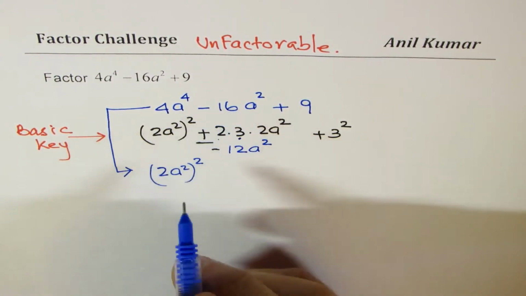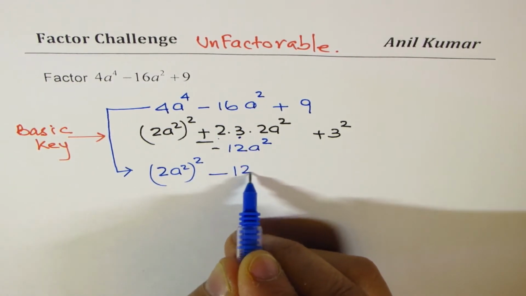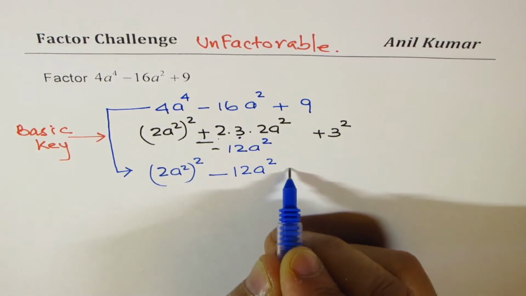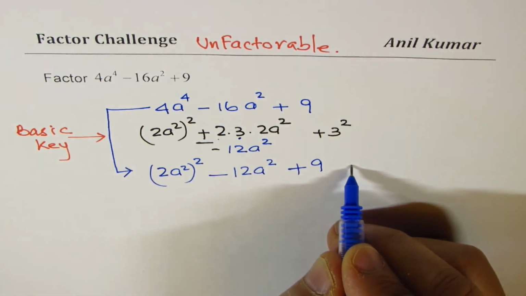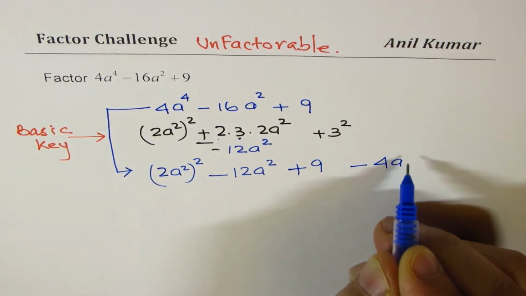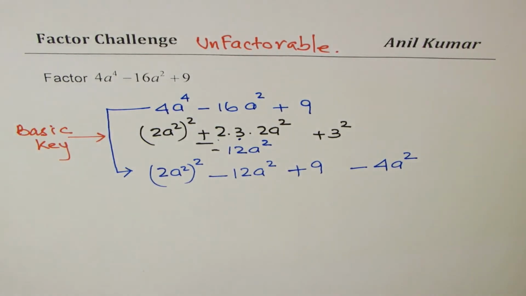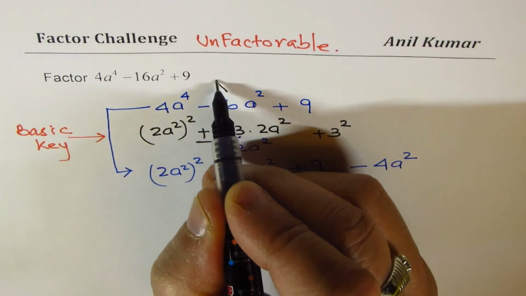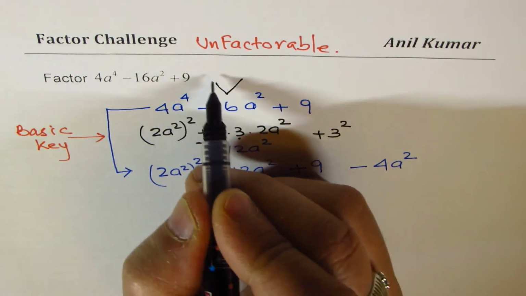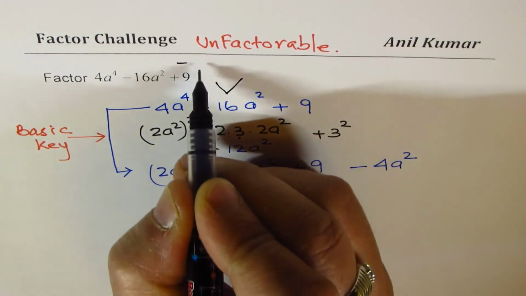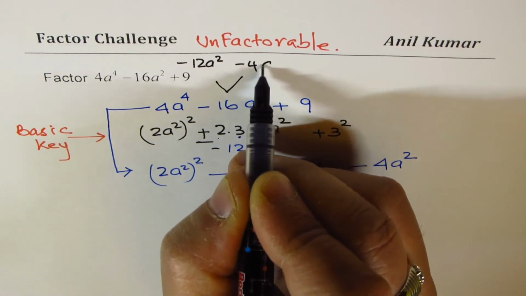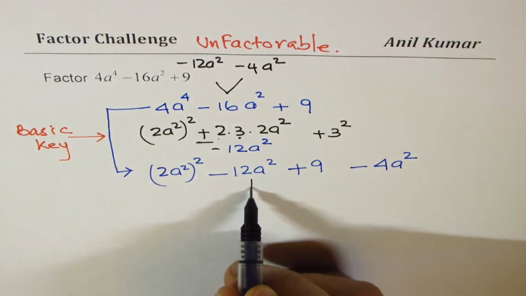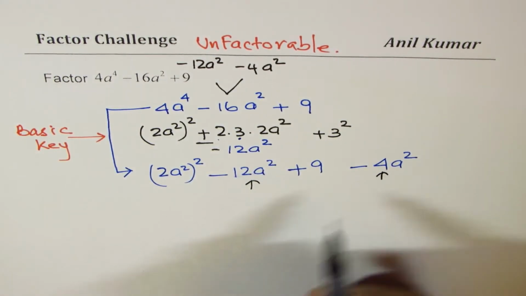Instead of 16, I'm writing this as minus 12a square plus 9, and the remaining minus 4a square I write separately. So what I did here was, I split this 16 into 2. One is minus 12a squared, the other one is minus 4a squared. Do you see that? So these are those two.